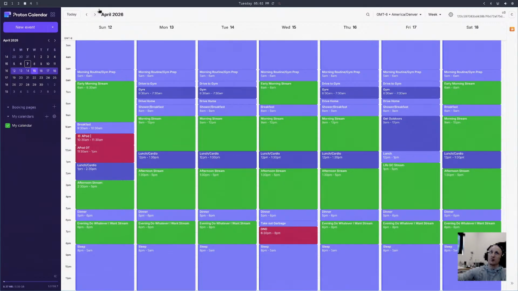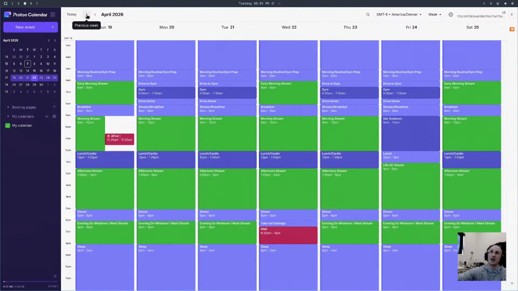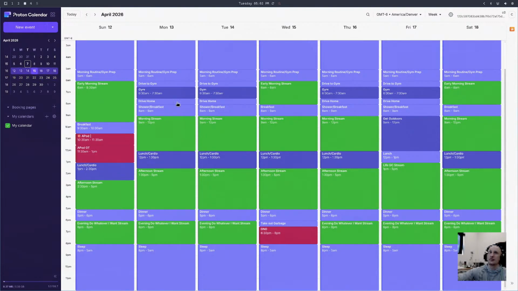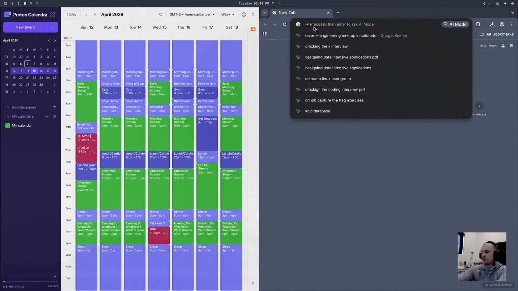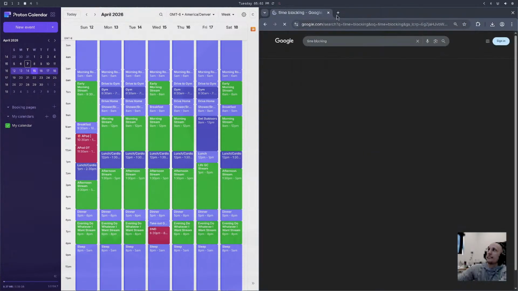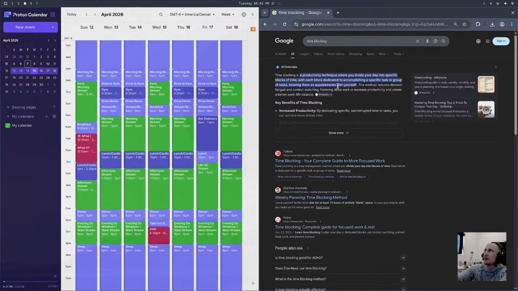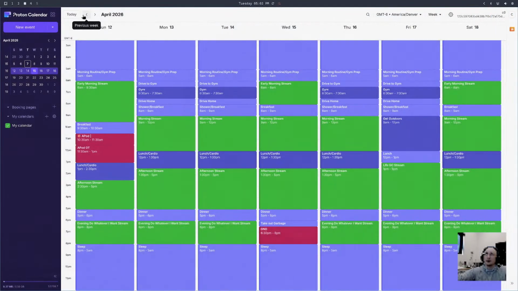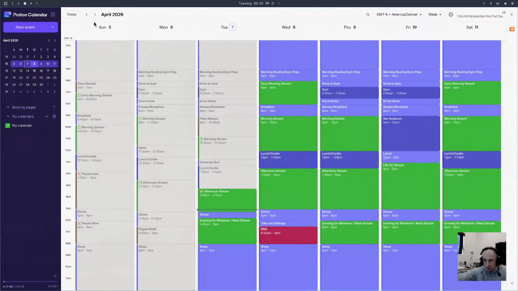They call this technique time blocking. If you Google for it, it's an effective technique. I like doing it. I've oscillated back and forth doing it throughout my life. But I'm definitely sticking with it for the rest of the year at least.